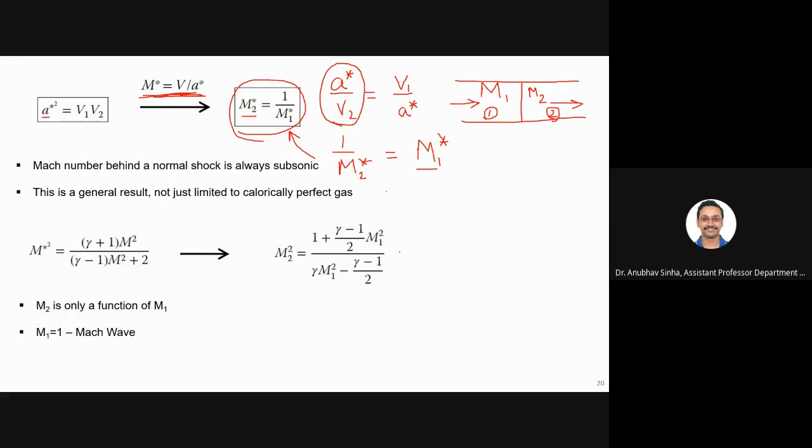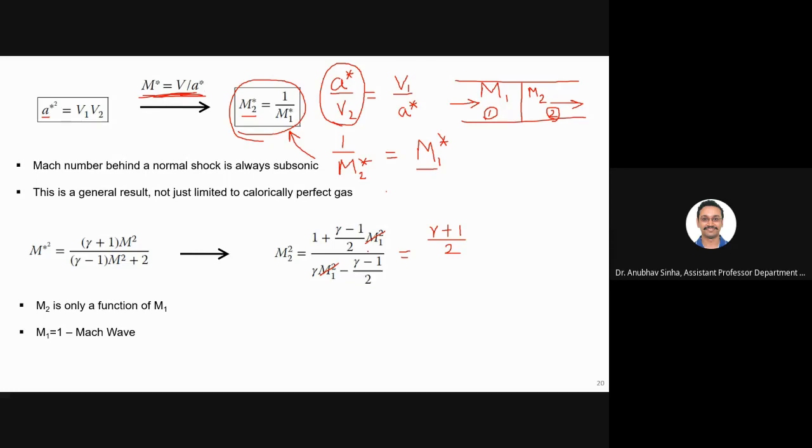Let me compute. M1 is 1, so M1 square is 1 only, so let us cut it off. I'll have 1 plus gamma minus 1 by 2. If I take this up, I'll have 2 plus gamma minus 1, so gamma plus 1 by 2.